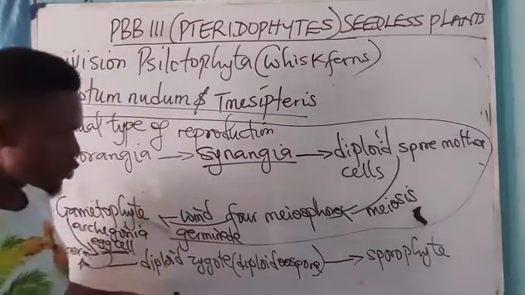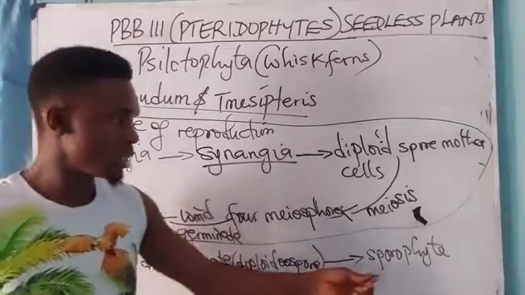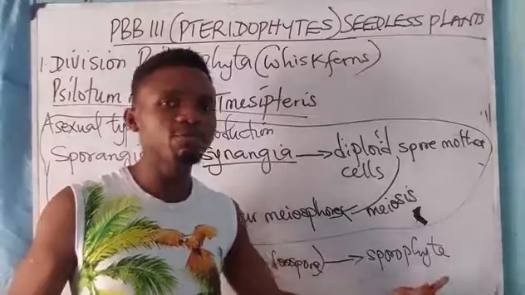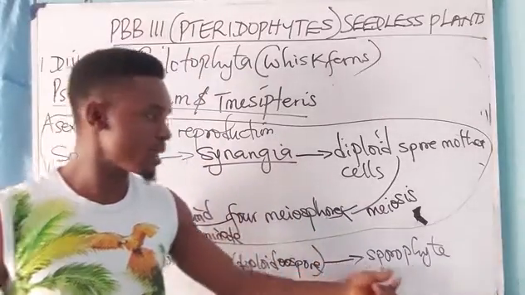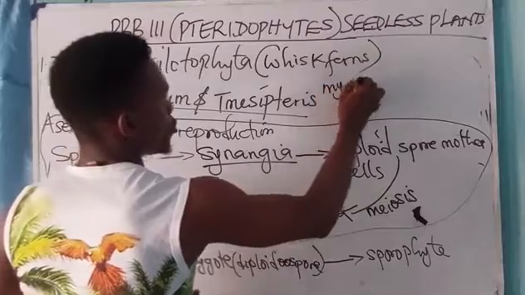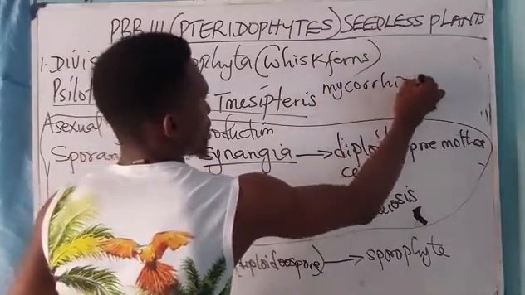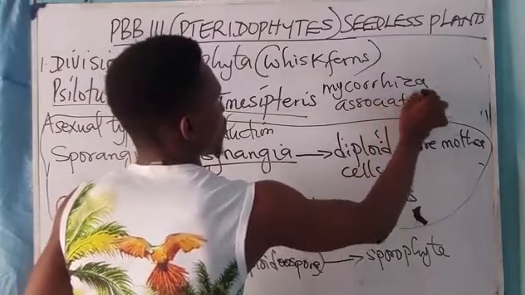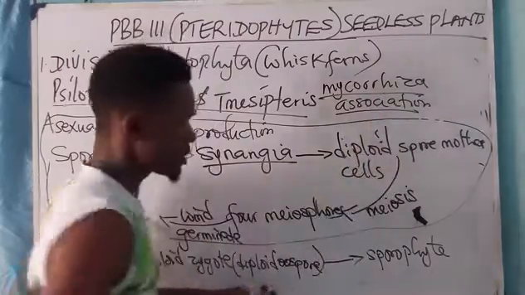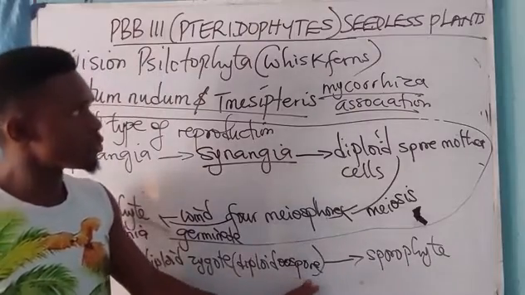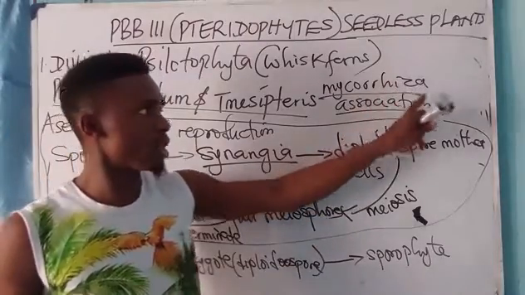Now this diploid oospore will germinate to produce the sporophyte stage. The further development of this sporophyte stage will result in what is called mycorrhizal association.